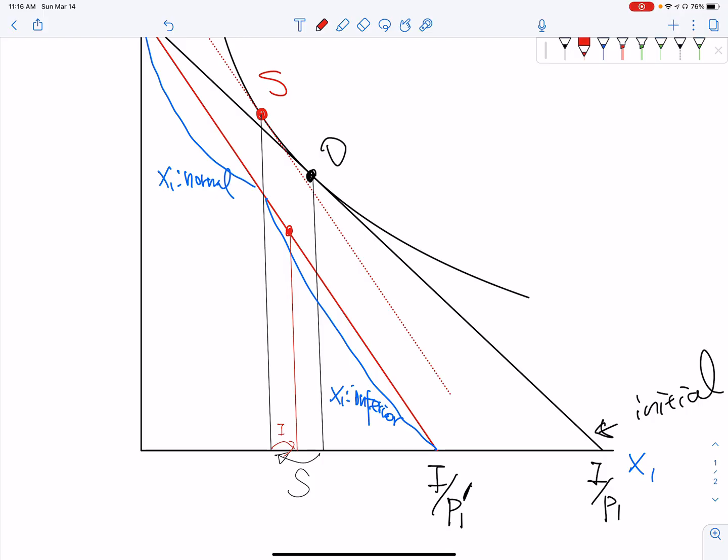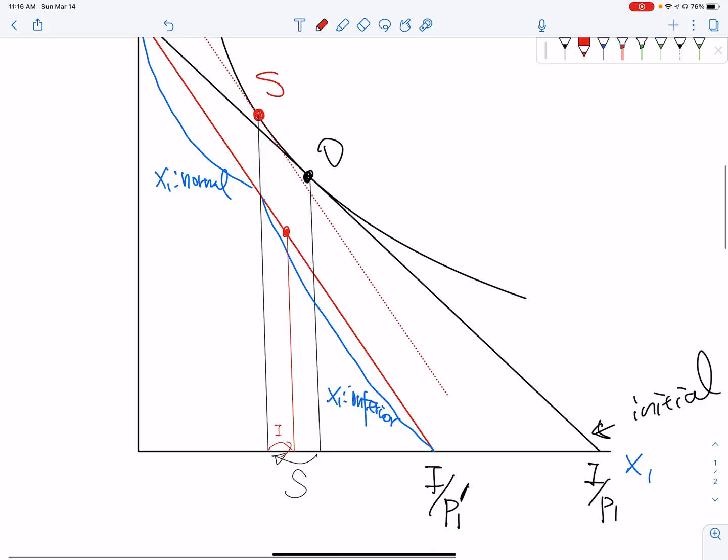So the substitution and income effect are in the opposite direction. The substitution effect makes the consumption of the first good decrease, but the income effect makes the consumption increase. But here, the size of the income effect is smaller than the size of the substitution effect. So in the end, the total effect, denoted by capital T, is in the negative direction.